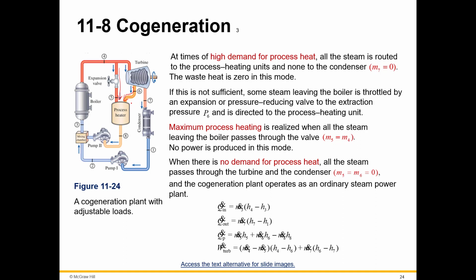Maximum process heating is realized when all the steam leaving the boiler, right here, passes through the valve and no power is produced in this mode. When there's no demand for process heat, all the steam passes through the turbine. So this would be turned off, and when there's no demand, then it would all go into the turbine, and the cogeneration plant operates as an ordinary steam power plant.